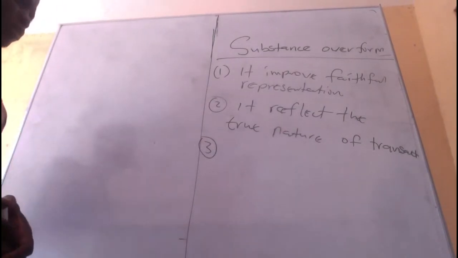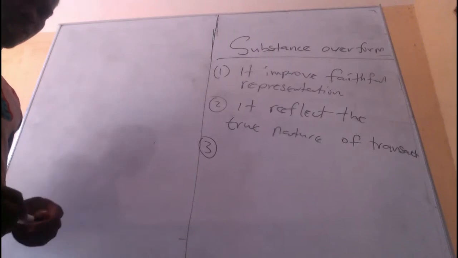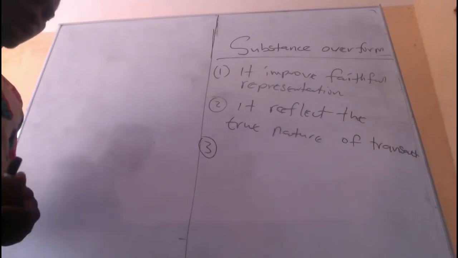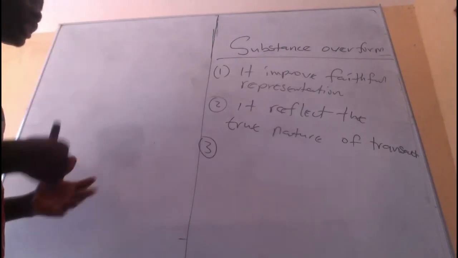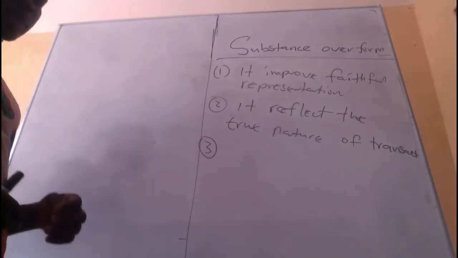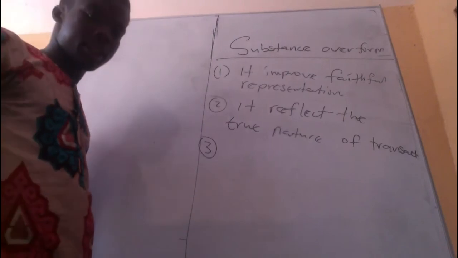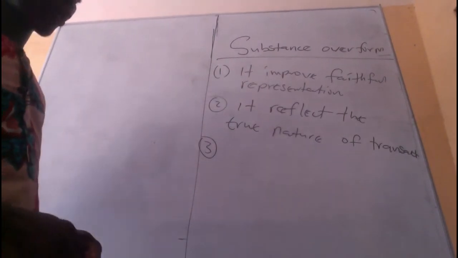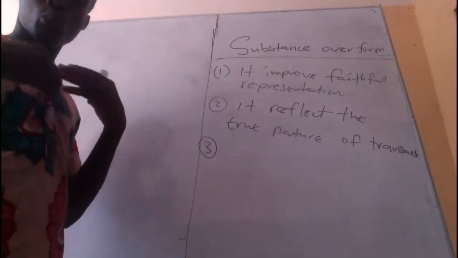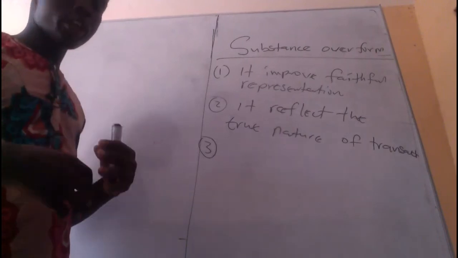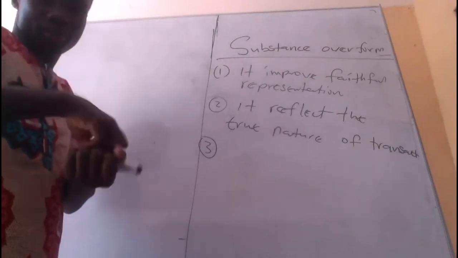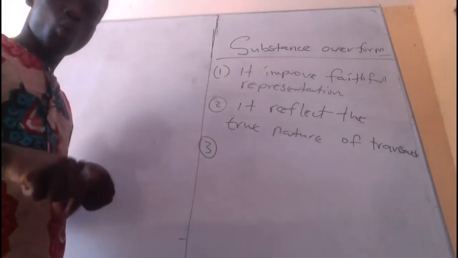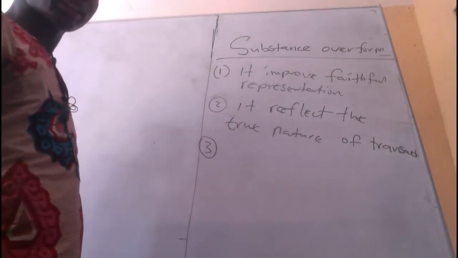The importance of substance over form. Okay, so we said that it will help us to report faithfully. And then substance over form itself is important. Why? Because in accounting, most of the transactions that we record, we report on the substance. So it is important for us to also report on the substance version.